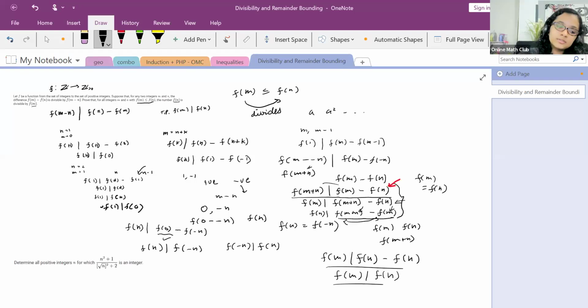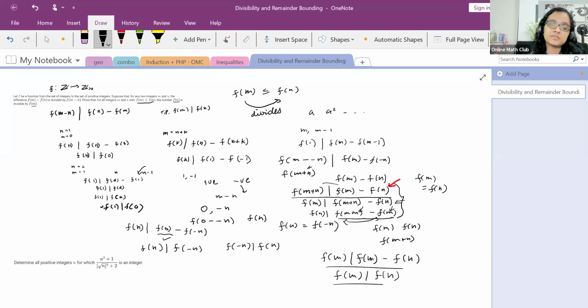But in the last divisibility, what if f of m plus n minus f of m is negative? You know that their absolute values are smaller than the absolute value of f of n.